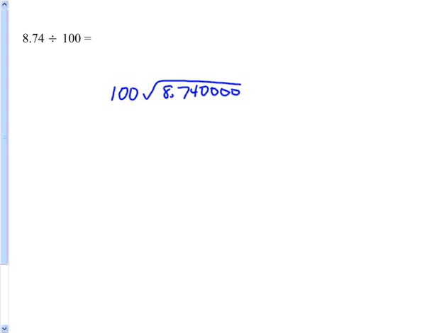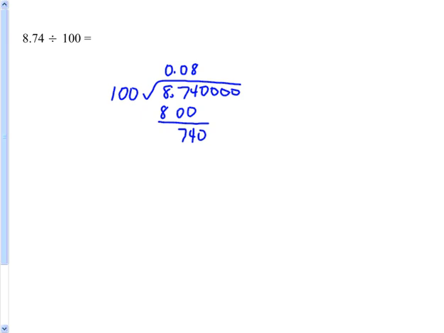Now, how many times does 100 go into 8? Well, it doesn't. 8's too small. So think of 87. That's still too small. Now, 874 isn't that small, so it would be 8 times. When I multiply by the 8, 8 times 100 is 800. Now I subtract those, and I get 74, and I'm going to bring down a 0. How many times does 100 go into 740?